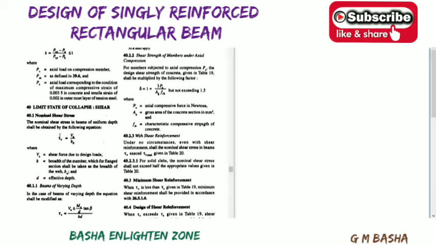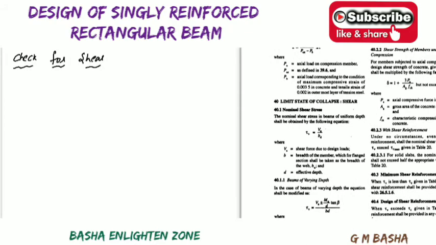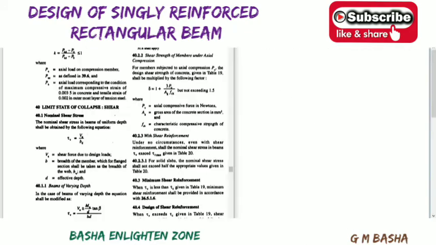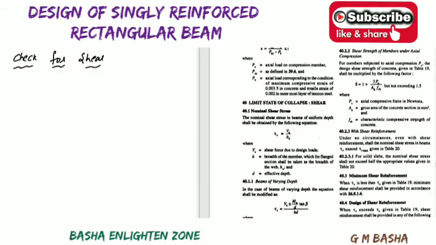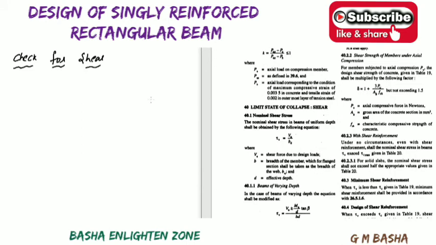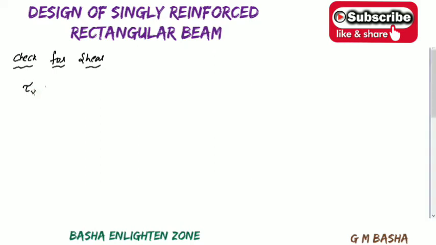So that is tau v will be equal to Vu by Bd. Okay, tau v will be equal to Vu by Bd. So here write down the formula as it is. Tau v will be equal to Vu by Bd.